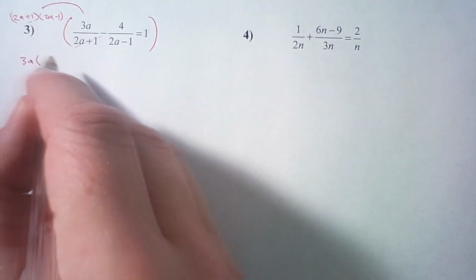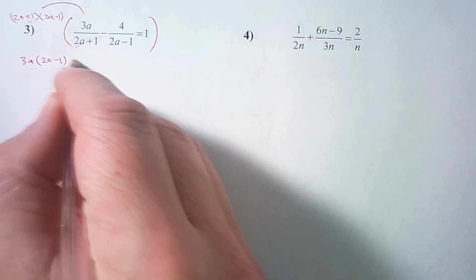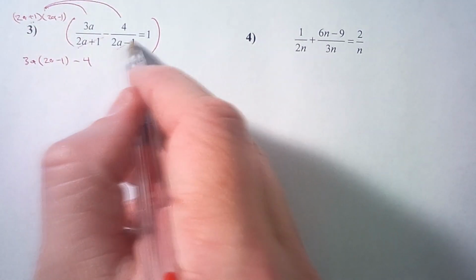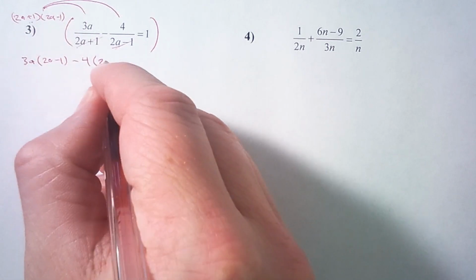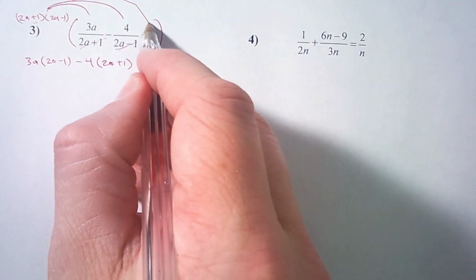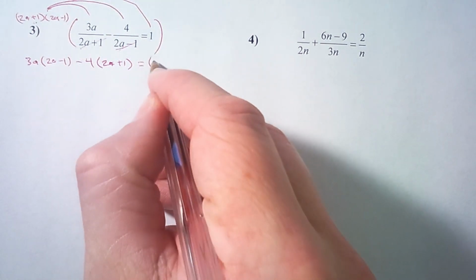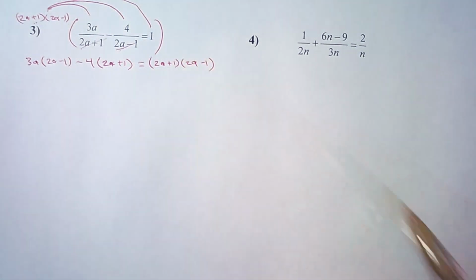So it's 3a times 2a minus 1. Okay, then we have minus 4, and when I distribute here, 2a minus 1 cancels. So I'm multiplying by 2a plus 1. And that equals 1 times, and nothing cancels here because I have no denominator, 2a plus 1 times 2a minus 1.